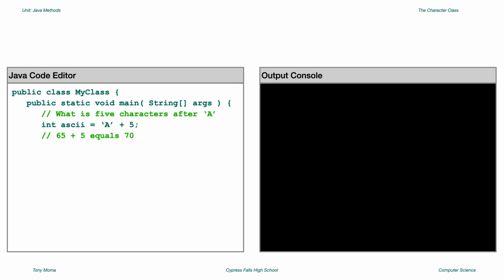Now, suppose I want to know what character is associated with 70. What char has the ASCII value of 70? Well, to determine that, I'm going to cast that int back to a char. I'm going to take ASCII, cast it back to a char, and store it inside the char variable. Then, when I print the char variable out, the character associated with 70 will be output, which is uppercase F.